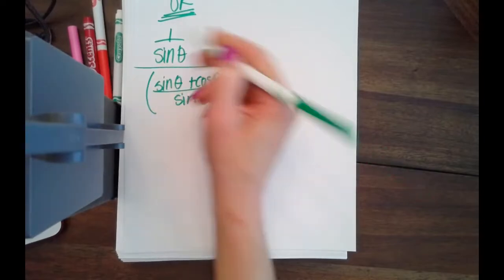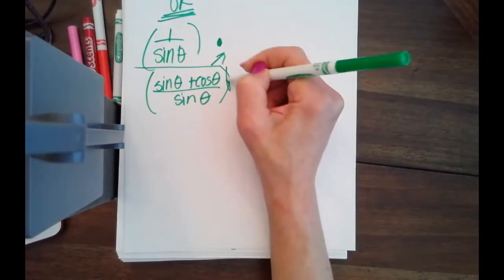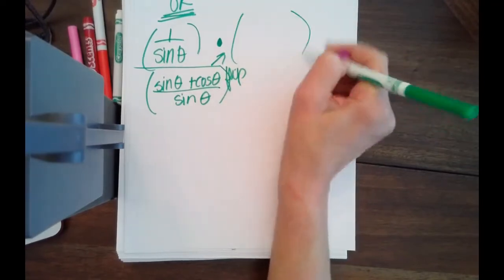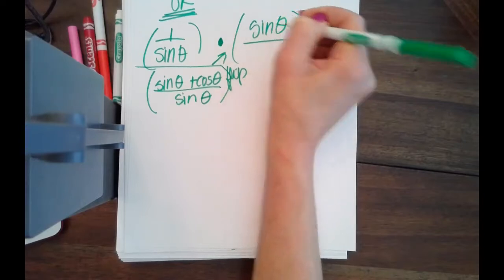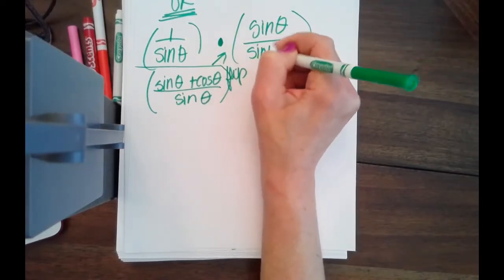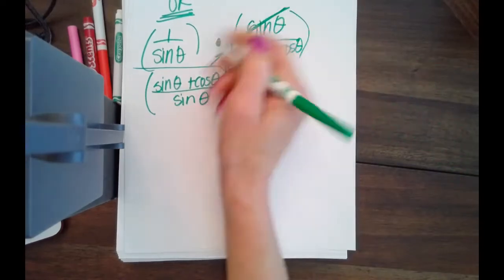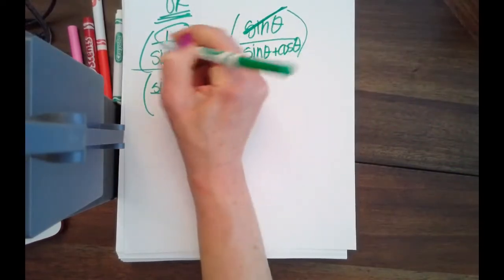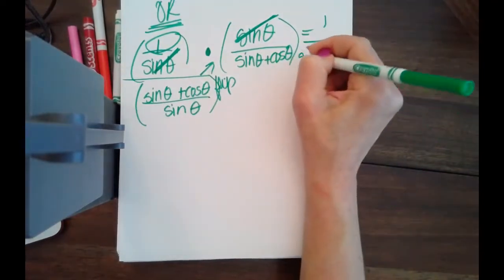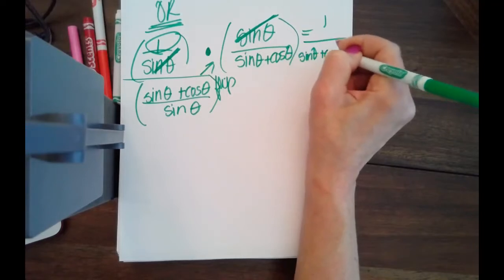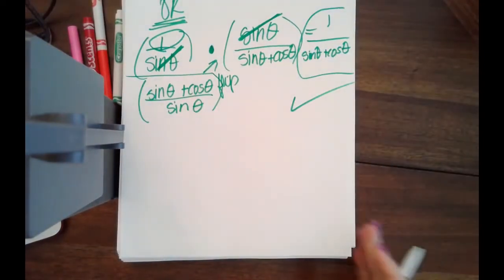And you could say, okay, I'm going to bring him up and flip him, and we're going to change it to multiplication. You could do that very thing, multiply by the reciprocal, so that's going to be sine of theta over sine of theta plus cosine of theta, and that's going to cancel these 2 guys out, and again you're left with 1 over sine of theta plus cosine of theta. Either which way, you've got a match, so we verified it.